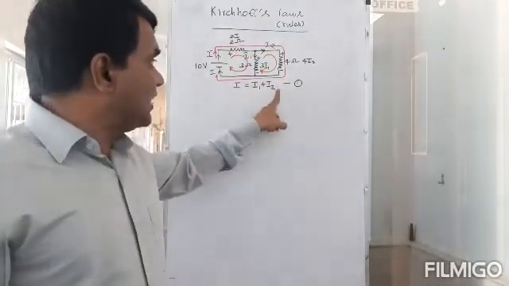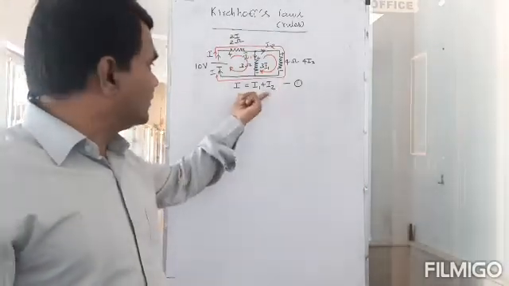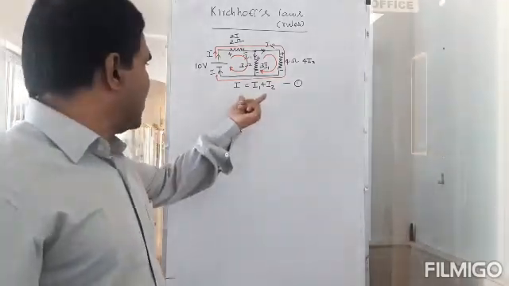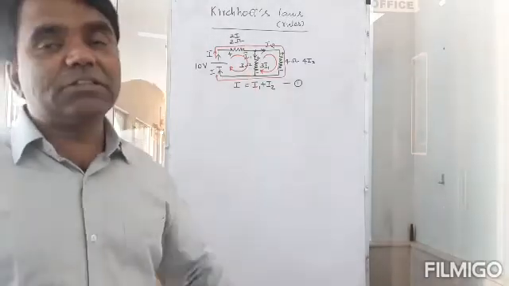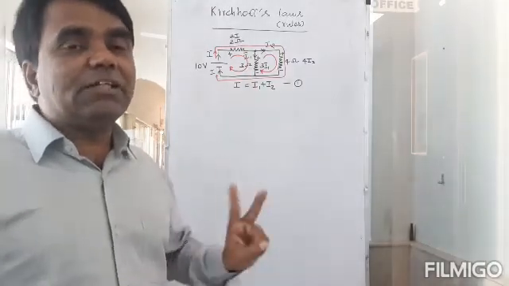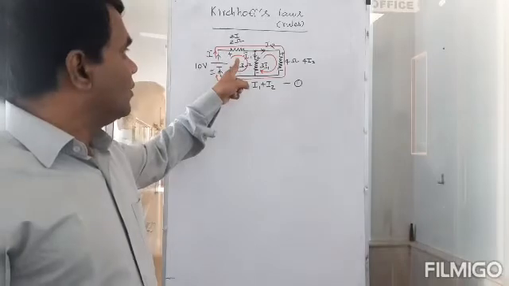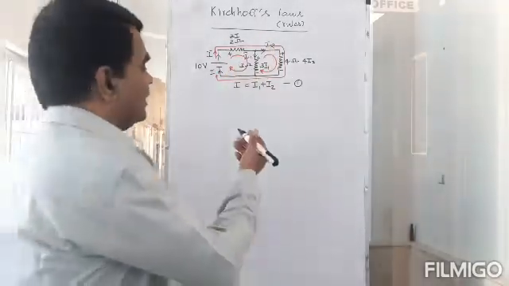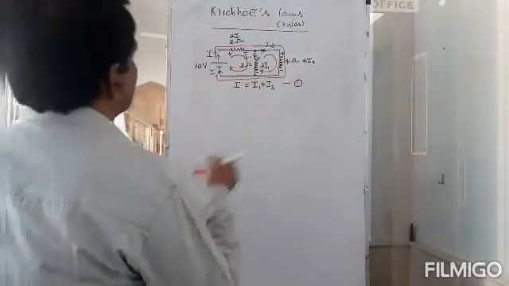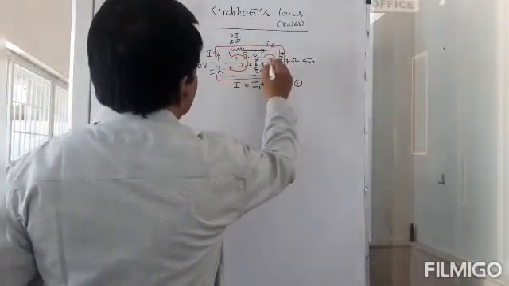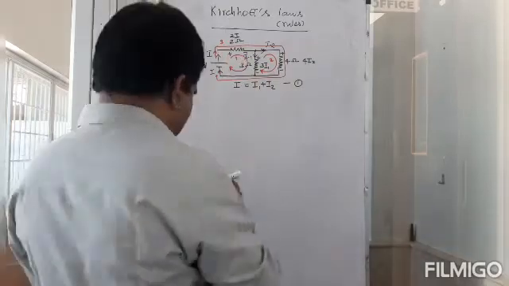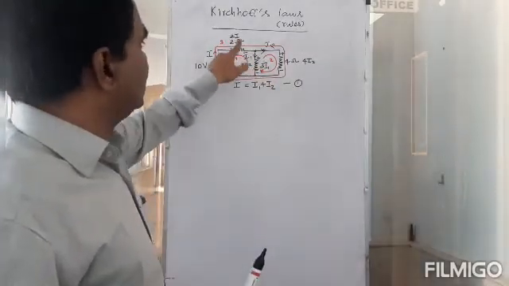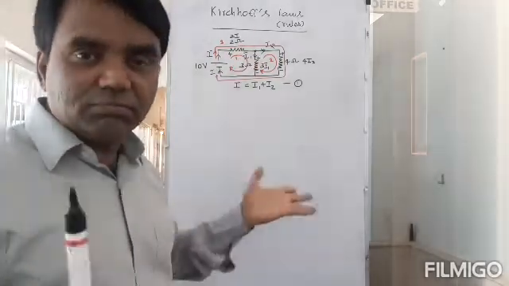Why? Because I already have an equation here. There are 3 unknowns. I need 3 equations. I already have an equation from the current law. Then all I need are 2 more equations. So I can choose any of these loops. If I label them, let's say this is 1, this is 2, and this is 3, I can go with 1 and 2, or 1 and 3, or 2 and 3.